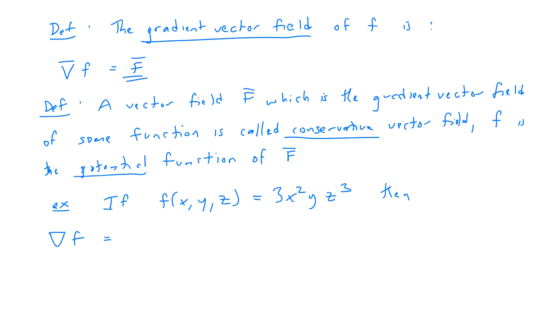So here's just a typical three-dimensional, three-variable function. I take the gradient in the usual way, and as always, you'll tell me if I write something silly, and that, of course, is z cubed. Okay, so that's the gradient.